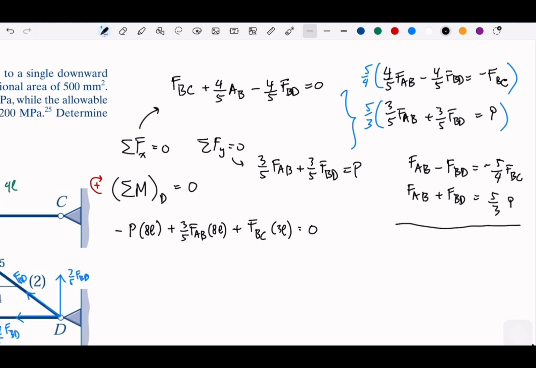And then let's say we take plus, okay, so 2 FAB is going to be, so 12, this is going to be negative 3, oh sorry, not 3, 15 and plus 20, so 2 FAB is negative 5 over 12.